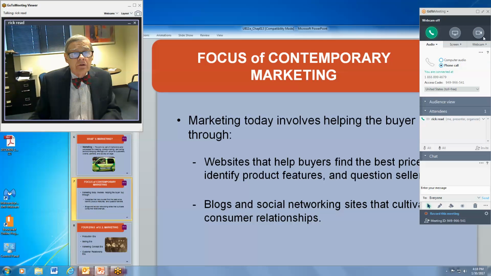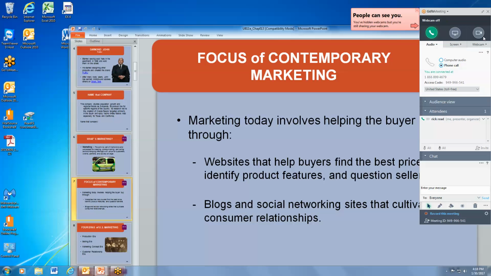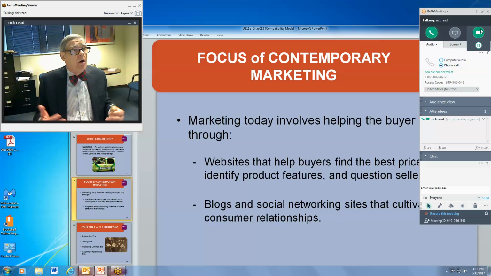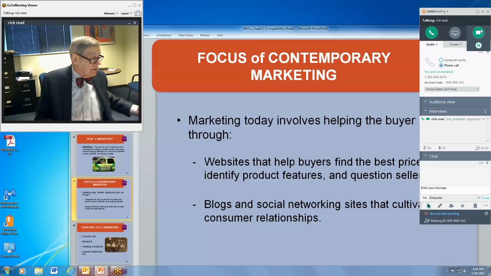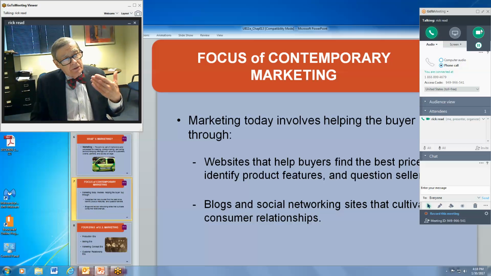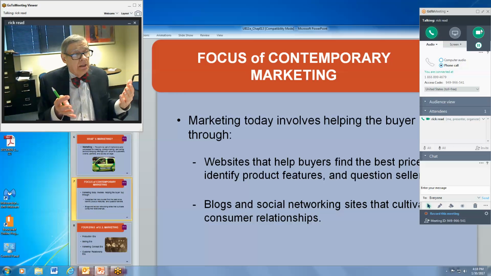Now, this is the focus of contemporary marketing. Notice that the marketing people help their customers with websites, blogs, and social networks, and things of that nature. And what they're trying to do here is reach the customer in new and different ways, but the right way.